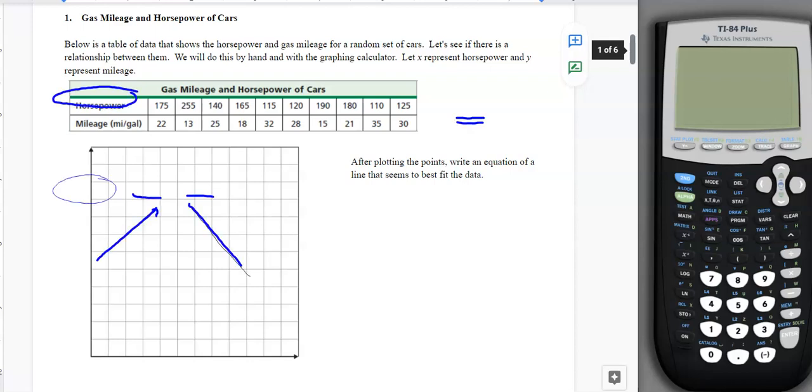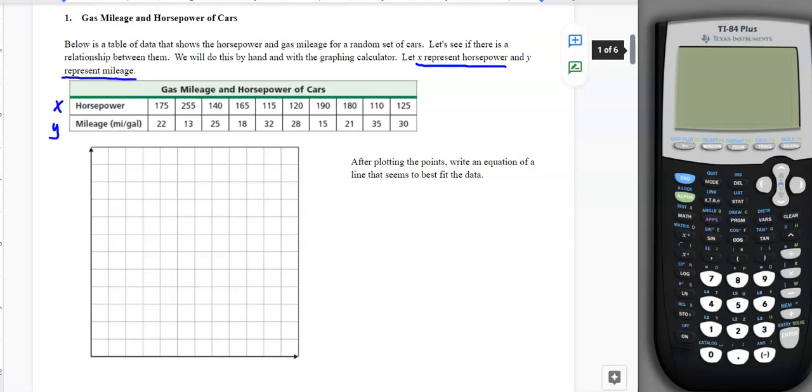Here it says let X represent the horsepower and Y represent mileage. So X is here, Y is there. We want to plot this on the graph and then come up with an equation that models this data. We're going to do this one by hand. And then in the next example, we're going to do the same set of data with a graphing calculator to show you the difference between the two.